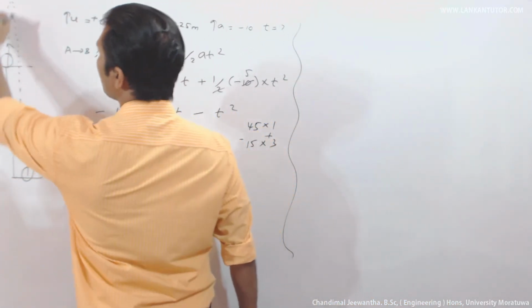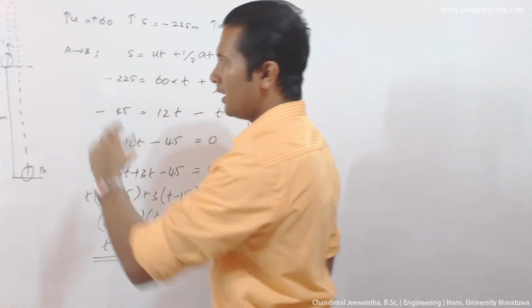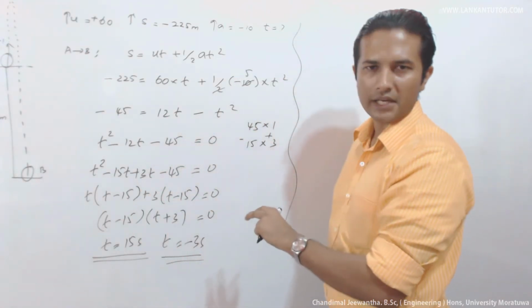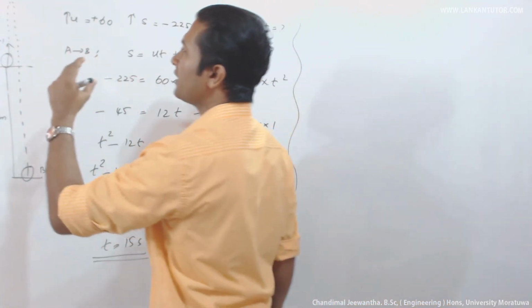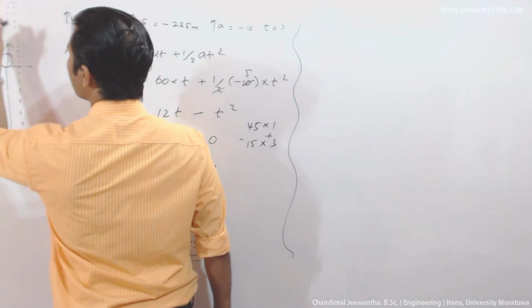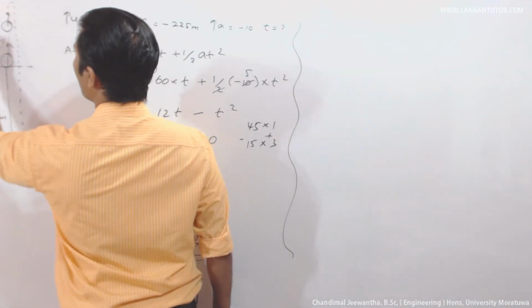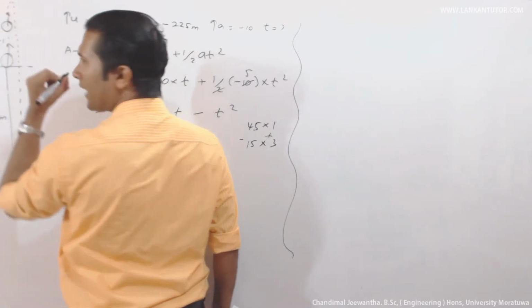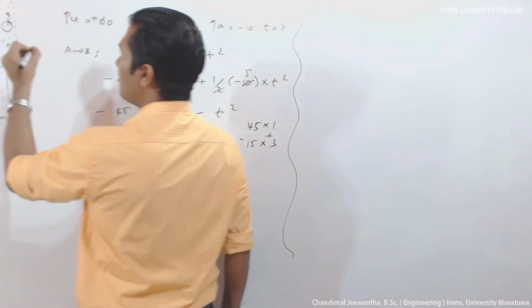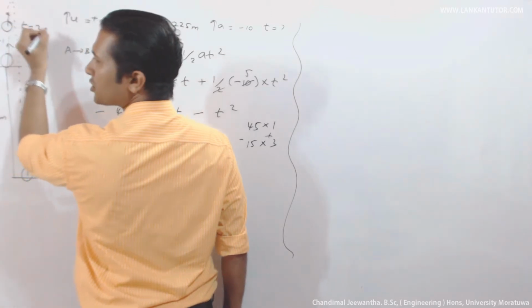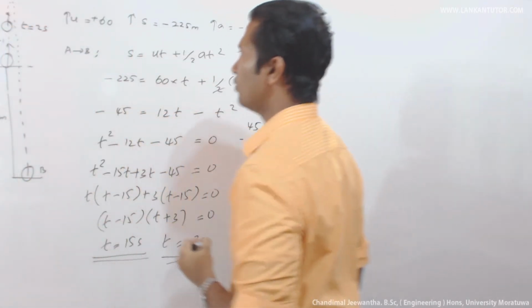So we know that the whole path takes 15 seconds. So 2 seconds should be during the upward motion. So you can take this point as C, where t equals 2.